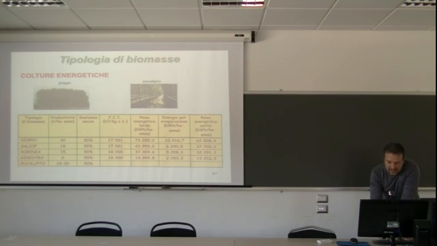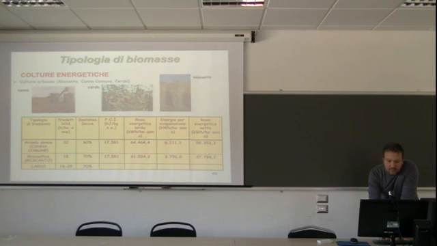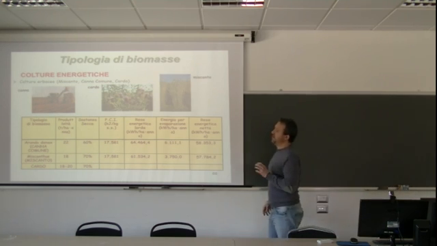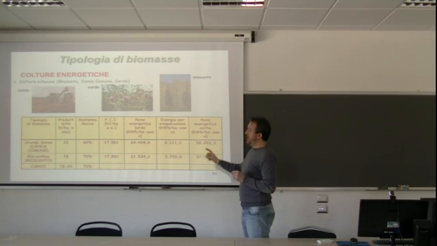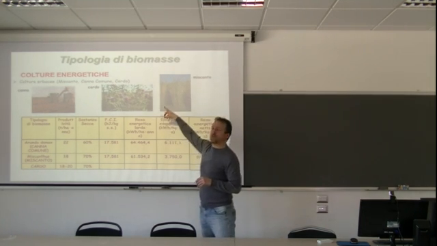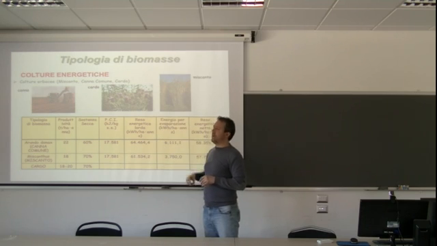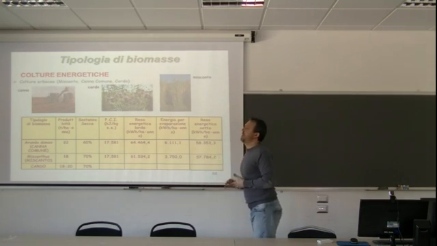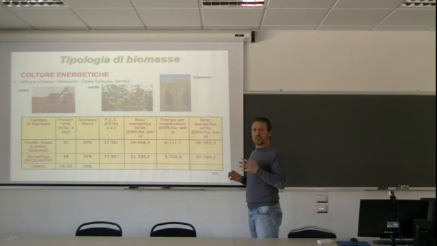You can see energy crops, poplar, eucalyptus, grass crops. Here I stop because I would like to spend 2 minutes speaking about cardoon in English, or sometimes black locust is the term, but we usually use cardoon.